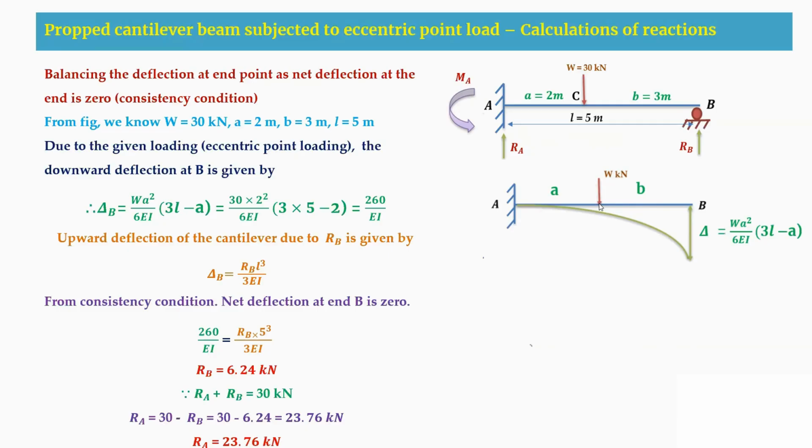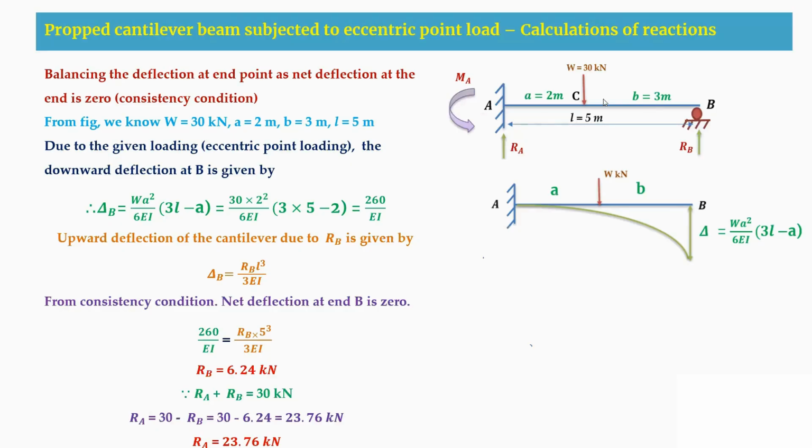Due to this point load acting here, you have a downward deflection at this free end support, so delta will be equal to WA square by 6EI into 3L minus A, as per the previous one. So this is the deflection formula, and I have written it here.